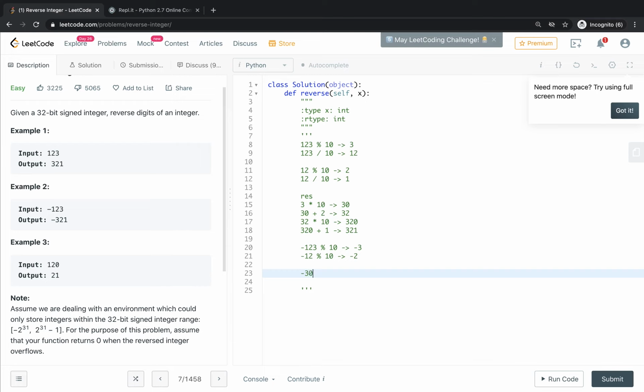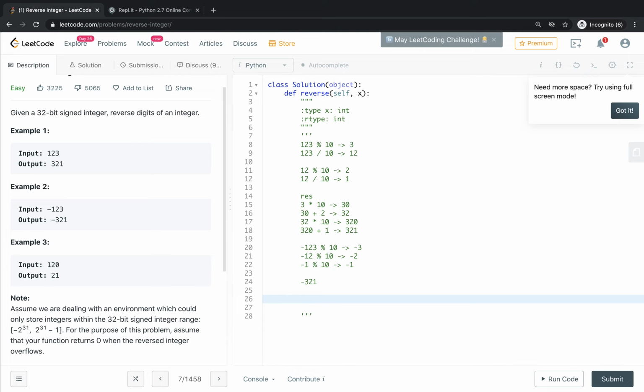So this becomes negative 30, plus negative 2 becomes negative 32. And then negative 1, mod 10, you get negative 1, and then this becomes negative 320, add the negative 1, negative 321. So it works the same way. Cool, so that's basically all it is from a conceptual standpoint.